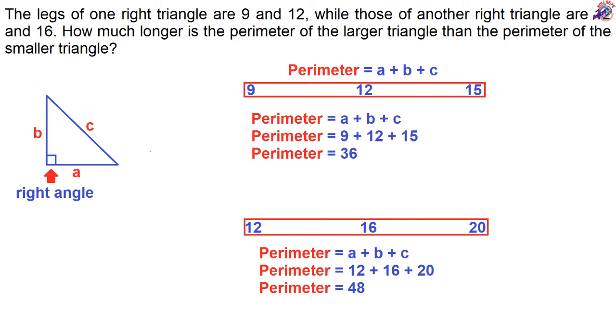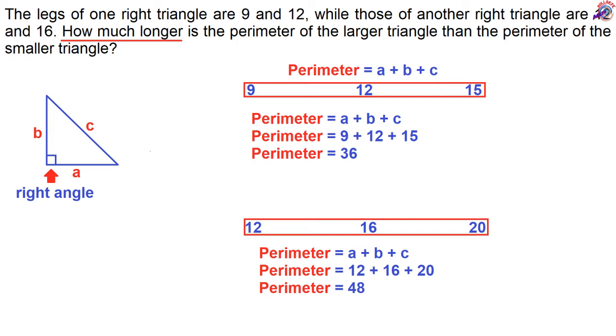We are given this question, how much longer? This is the thing in math. Every time the question starts with how much longer, how much bigger, how much more, always remember that this talks about subtraction.